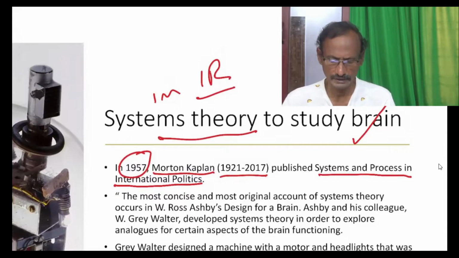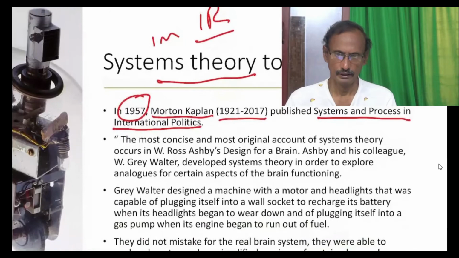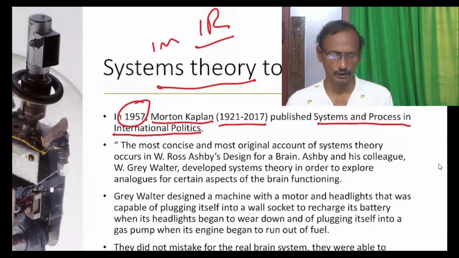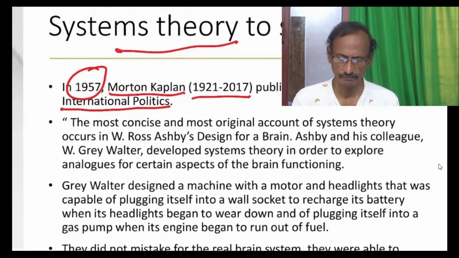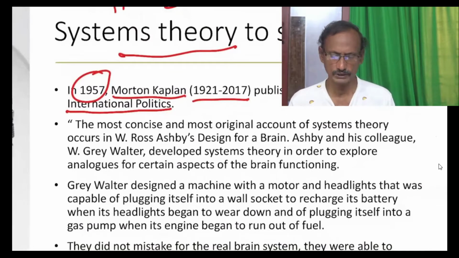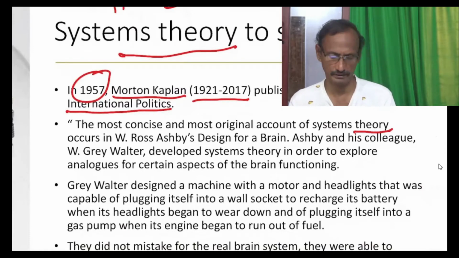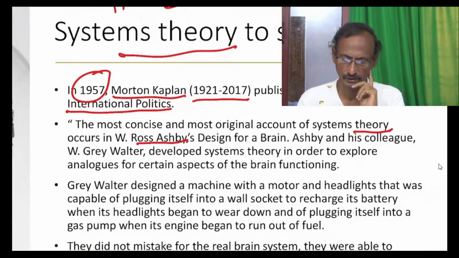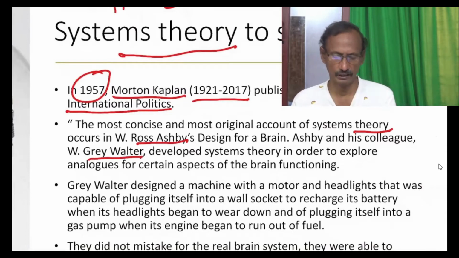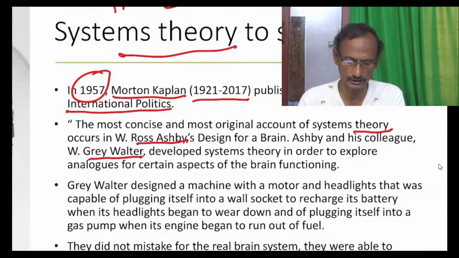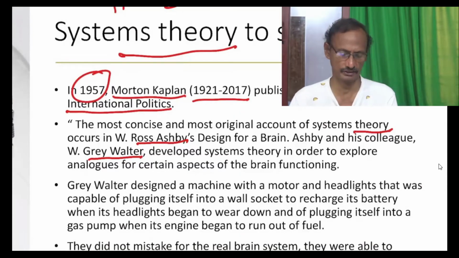So this is what he says: The most concise and most original account of systems theory, using the word theory, occurs in Ross Ashby's Design for a Brain. Ashby and his colleague Grey Walter developed systems theory in order to explore analogues for certain aspects of the brain functioning.